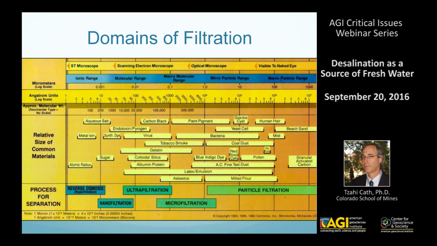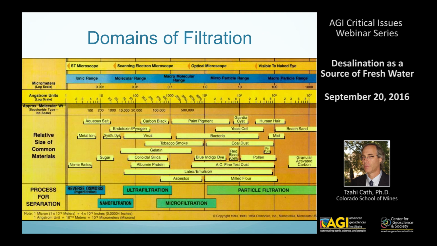This is a nice spectrum of different sizes of contaminants or constituents that you might find in water. And on the bottom, you can see the domain of reverse osmosis and nanofiltration, and on the top, the size of constituents that they might reject or retain on the membrane.